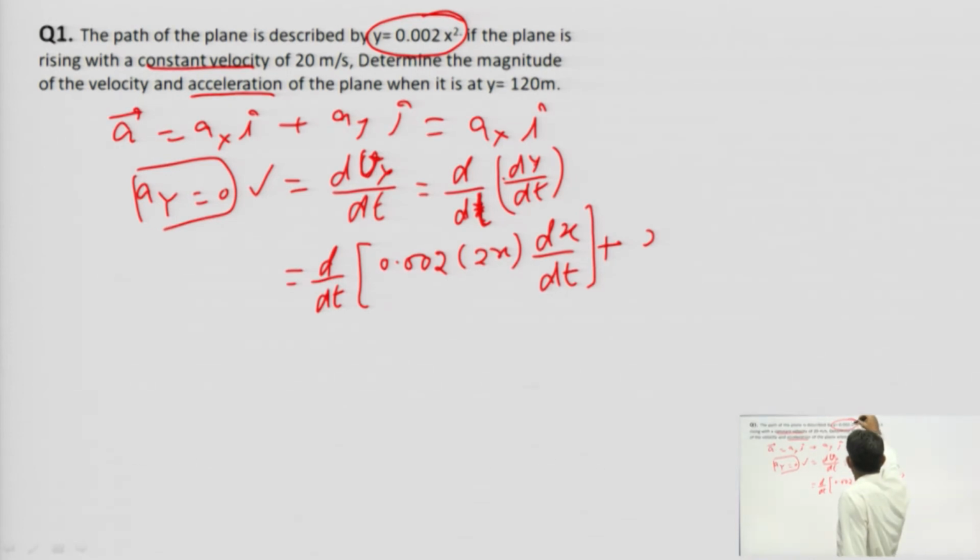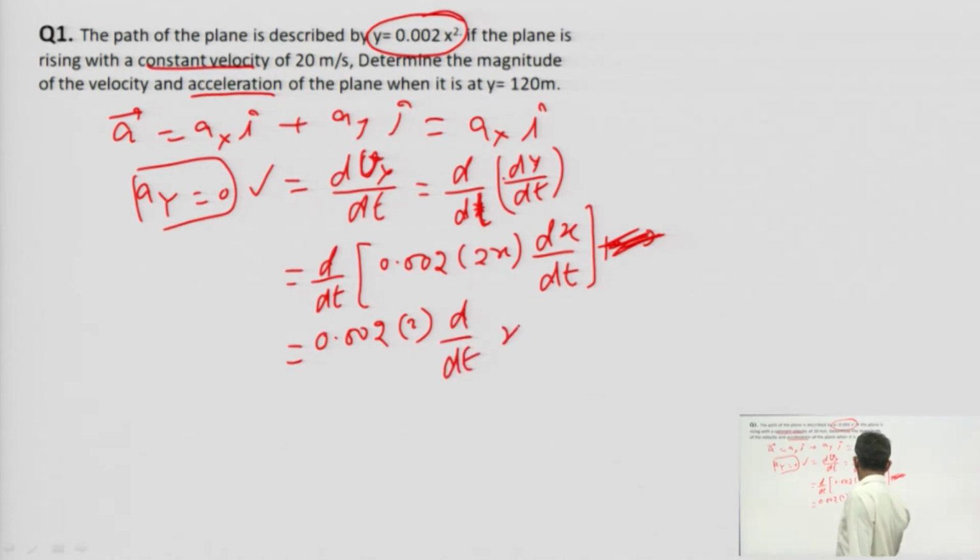So it is 0.02x. Now again, it is 0.002 into 2, take it outside, and now d by dt, it is x into dx by dt.